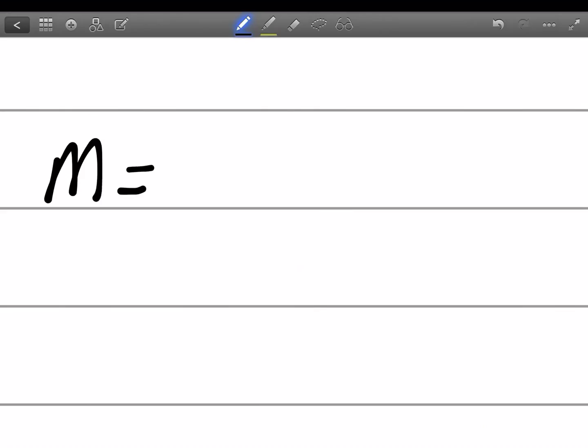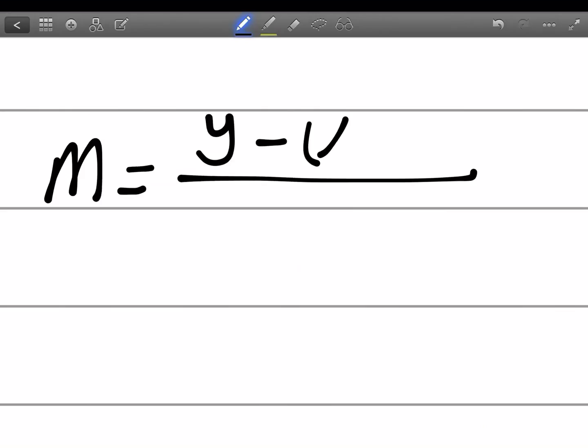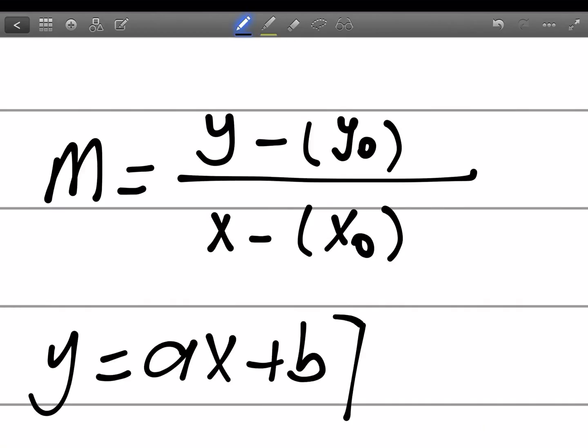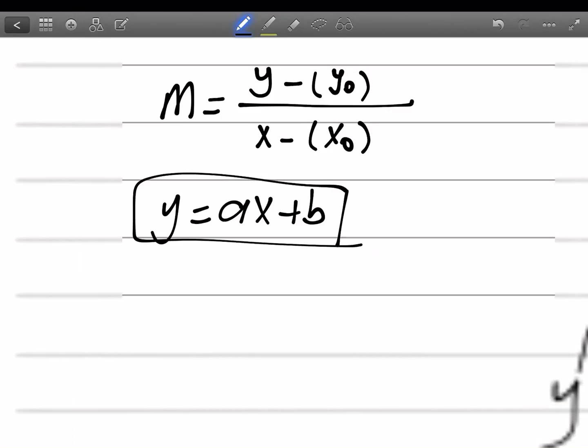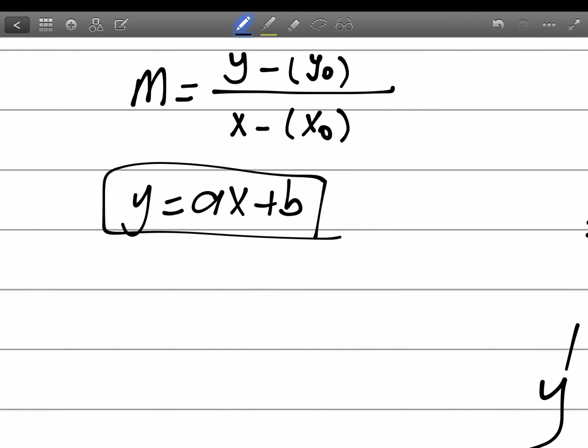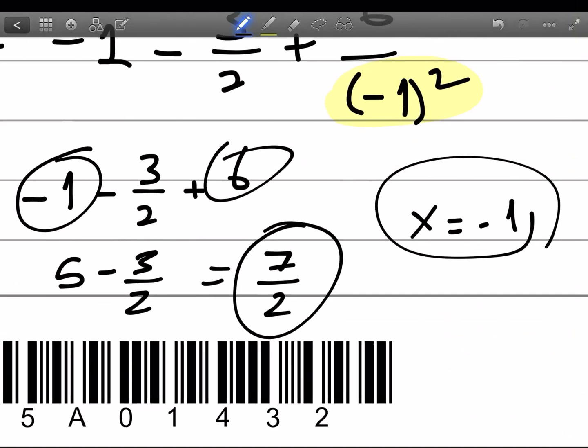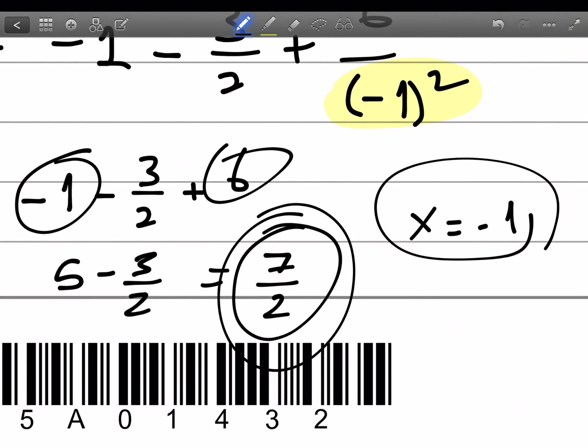The tangent is called m, and the equation will use a point y and a point x. This gives us y equals ax plus b as the tangent equation. We have a tangent m of 7 over 2.